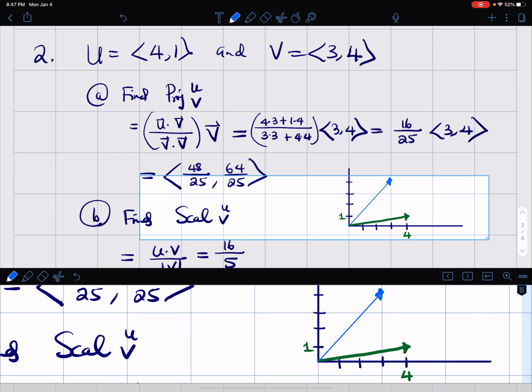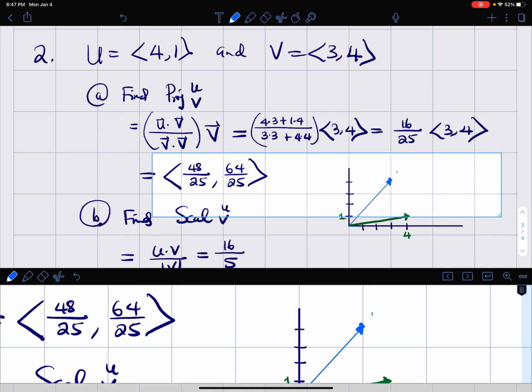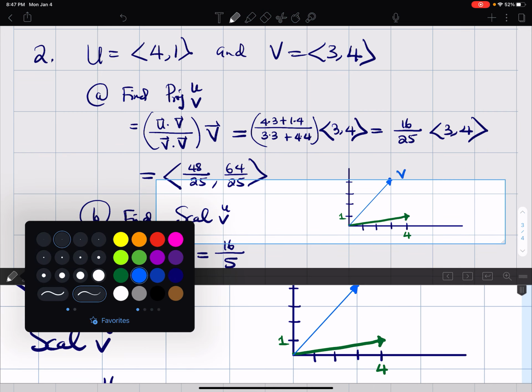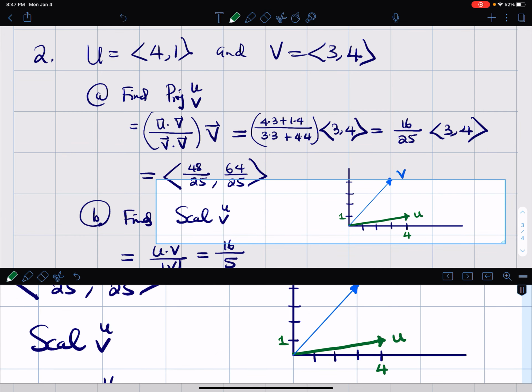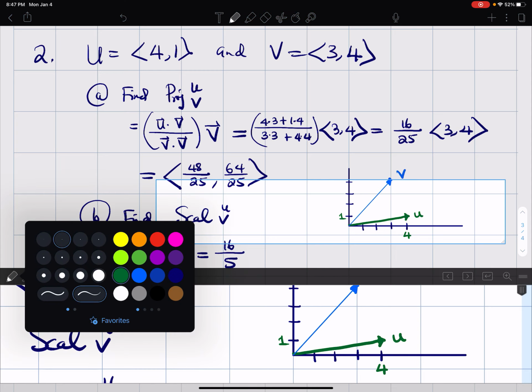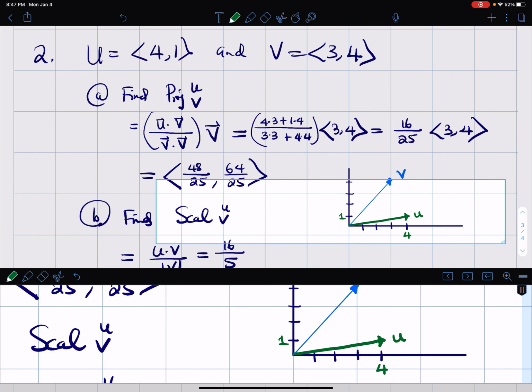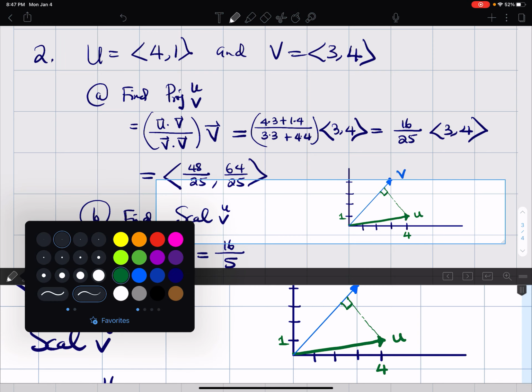So this is V and this is U. Now the projection: if you project U onto V, you want an orthogonal projection, meaning that you're supposed to get a right angle triangle when you complete it.